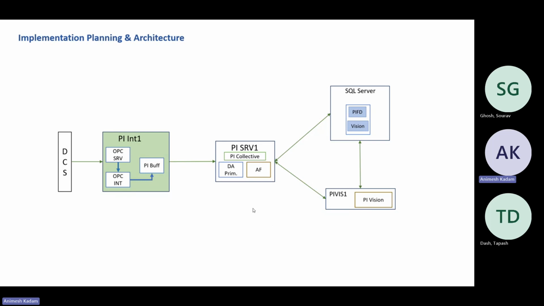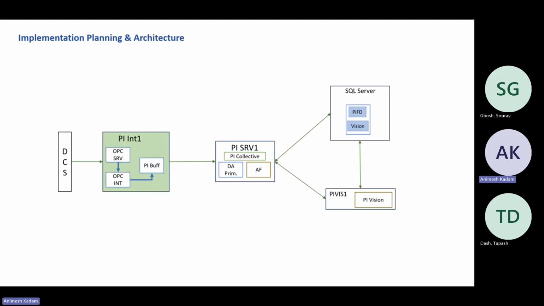So going towards your last question about the redundancy part. As we know, a Pi system has multiple components, right?